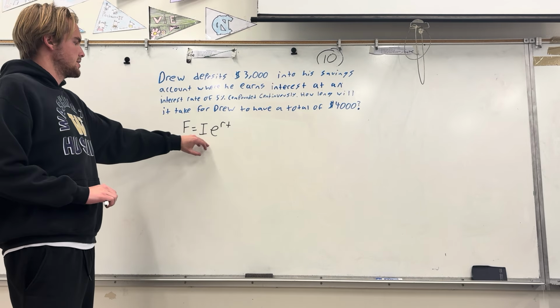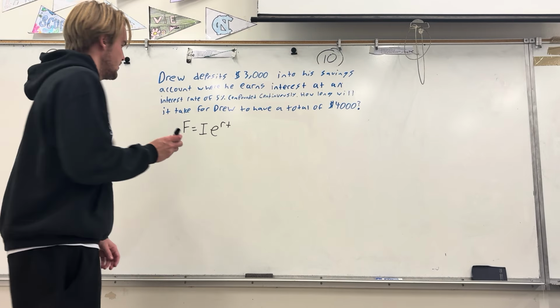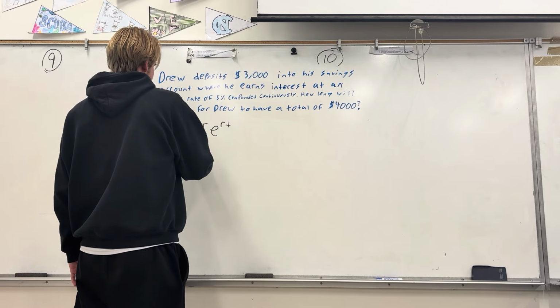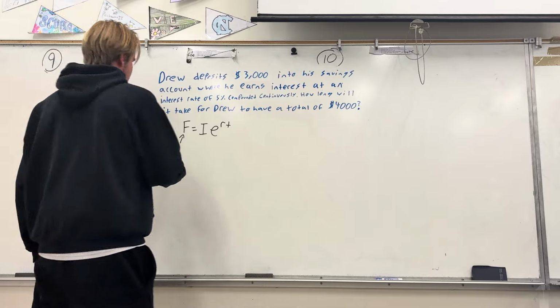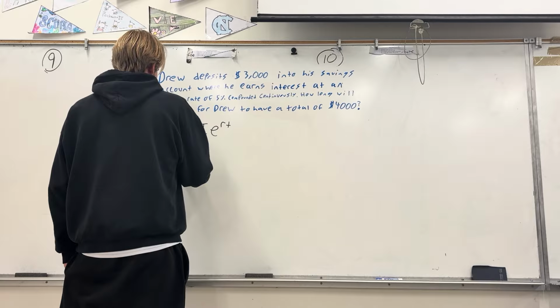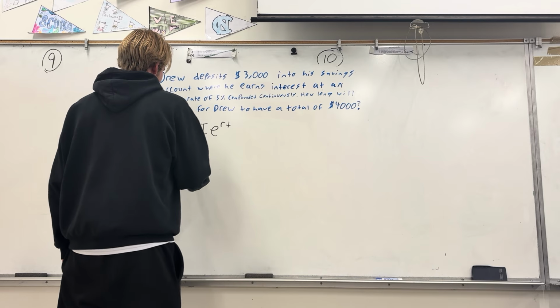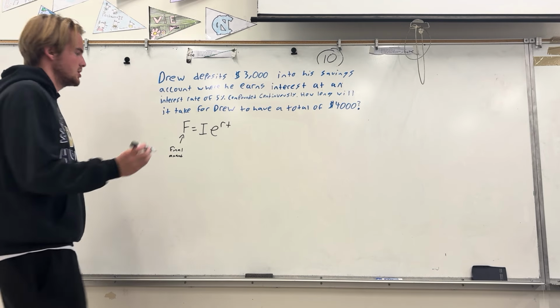This is just the way it makes most sense to me because F is just talking about your final amount of money you're going to have. I is just talking about the initial amount you're investing.